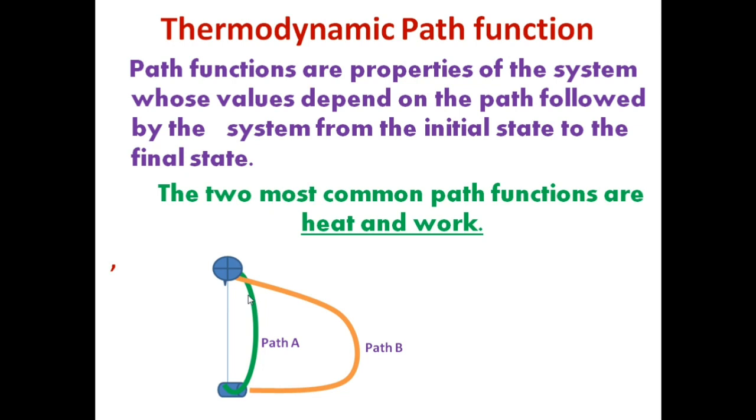The work done is more than in path A. Now if you choose another path which is again longer, then also the work done is more than that of path A and path B. This work depends upon the path by which the changes are carried out. The path you choose to reach a particular position determines these properties, so they are called path functions.